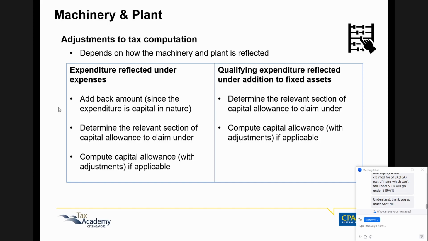Okay, so as of now, maybe I can refer you to your case study question 2, the answer part.